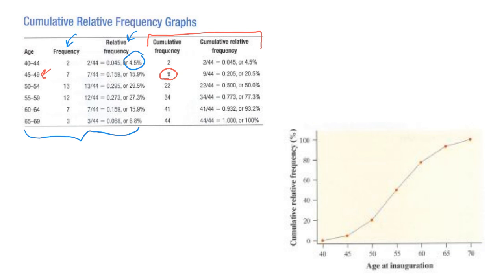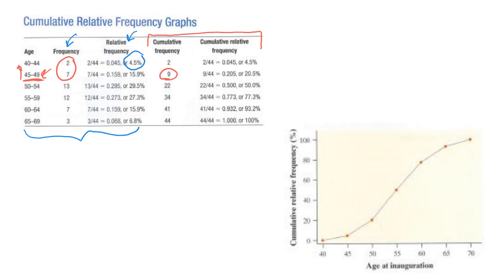So with my cumulative frequency, I'm looking at whatever designation I had, so 45 to 49, and anything below that. So my cumulative frequency will be the 7 presidents that were inaugurated between ages 45 and 49, plus the 2 that were inaugurated between ages 40 and 44.